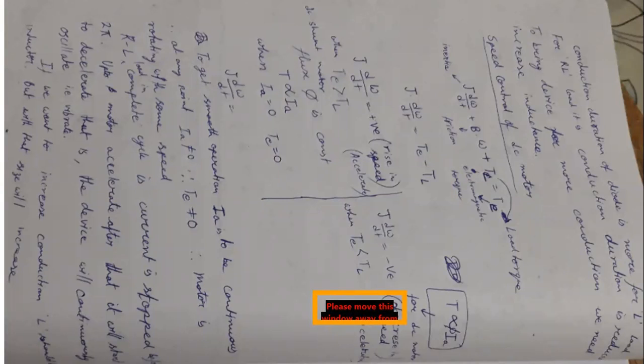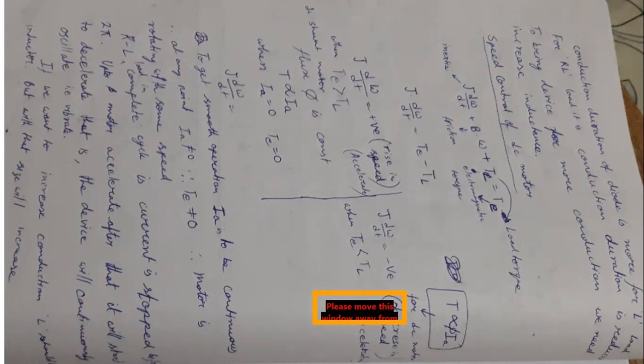With RL load, in the complete cycle the current stops before 2 pi. Up to beta the motor will accelerate, and after that it will start to decelerate. So the device will continuously oscillate or vibrate: once it accelerates, then it decelerates.